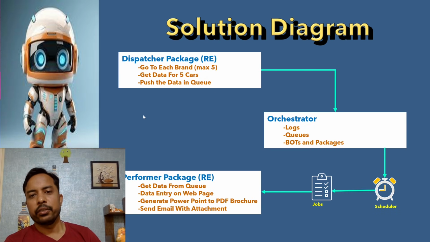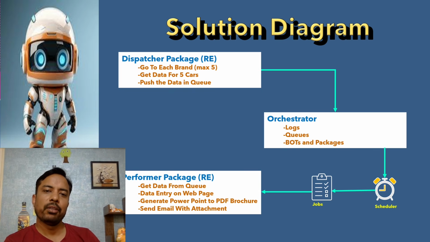On your screen right now, you can see the solution diagram. So this is the solution. We will have a package under our orchestrator that will be the dispatcher package, and it will be a combination of 3 to 4 different UiPath workflows. This UiPath workflow will push the data into the UiPath queue.